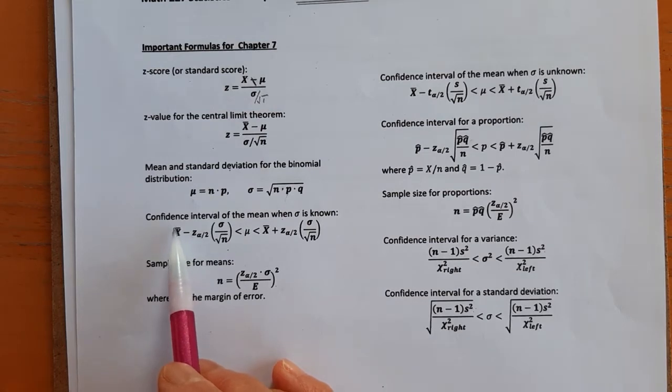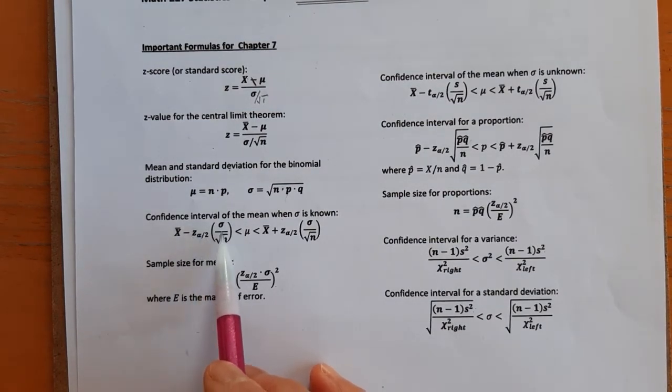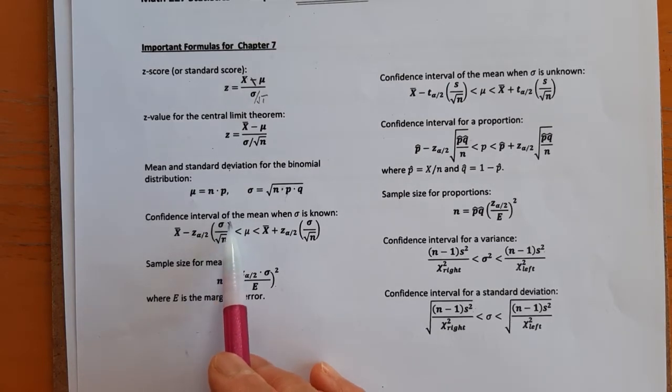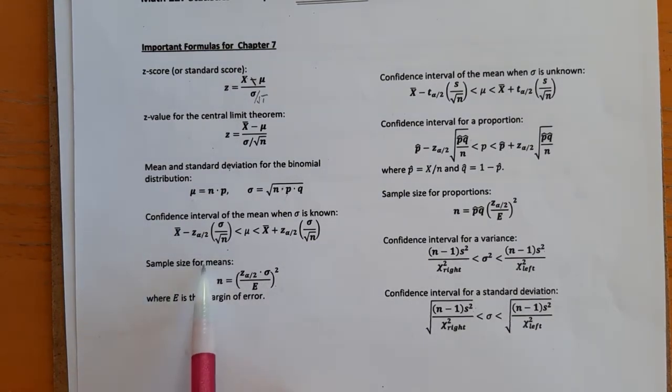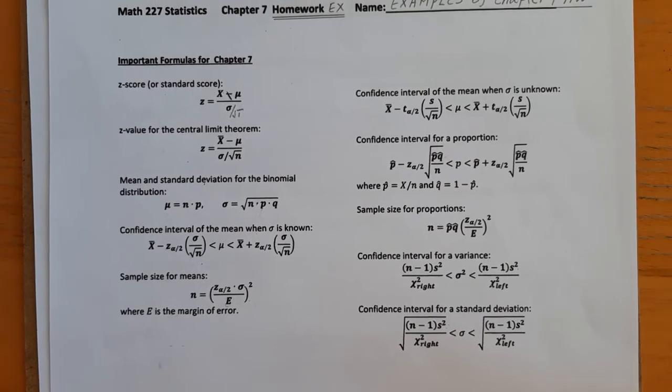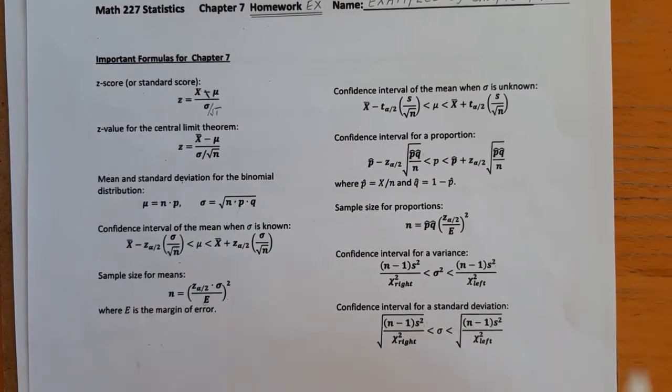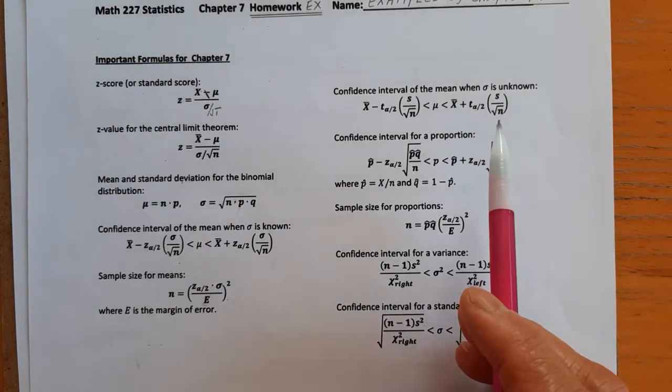The sample mean minus z times sigma over square root of n. That's the confidence interval for the mean. And for the sample size, this E we call the margin of error. I'll give you these examples later. We will use this formula to find the sample size.